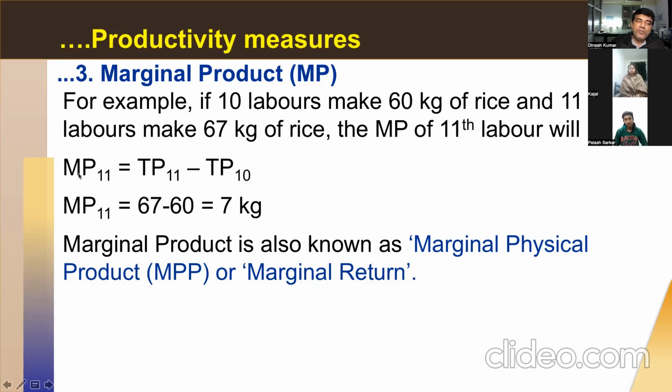So the 11th unit of variable factor or labor is equal to TP of 11, total product of 11, minus TPn minus 1, which is the 10th unit. So TP is your 67 minus 60. So you can understand, it is very simple. Marginal product is also known as marginal physical product or marginal return.